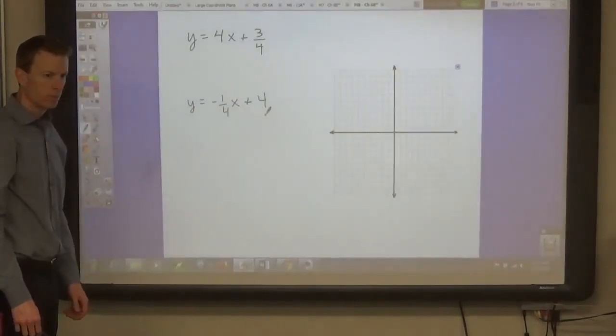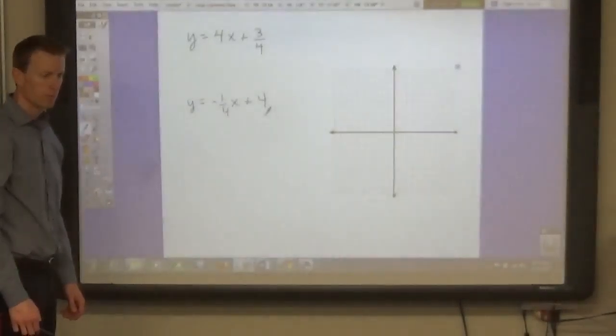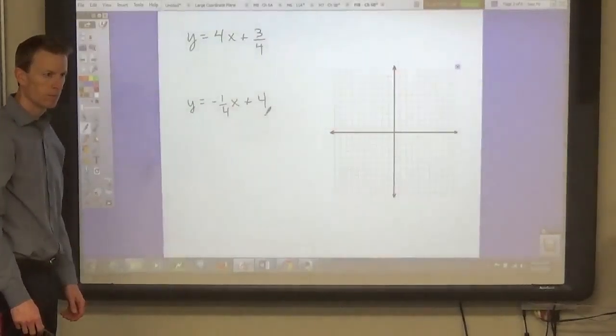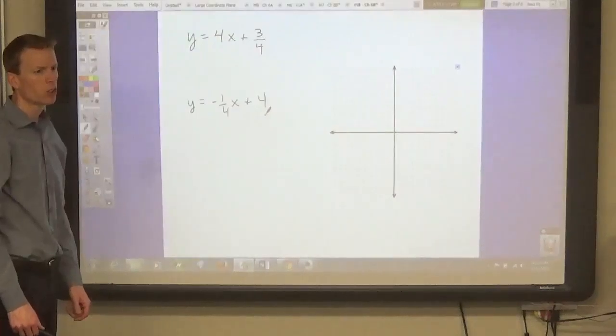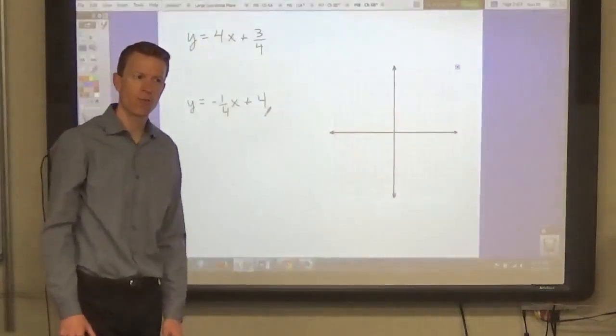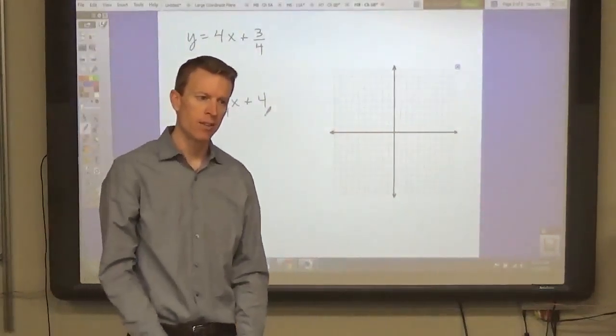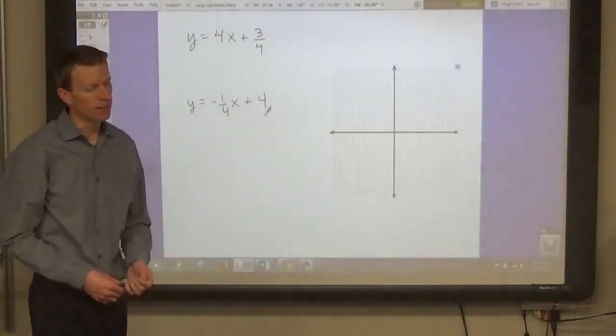Could the slopes be different and would that mean that they're just perpendicular? No, not necessarily. Slopes could be different, but if they don't form 90-degree angles, then they're not perpendicular, they're just intersecting.